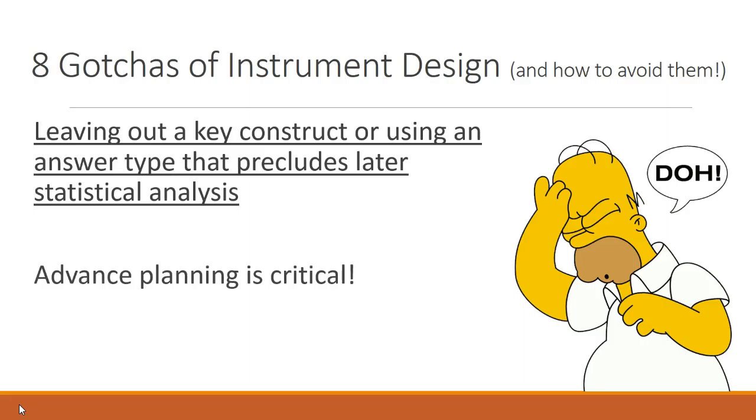You don't want to, for example, get to a point where you decide that you want to analyze your results according to the health belief model, but you haven't included a question about a key component of that model, the construct of self-efficacy. So you want to think through what your analysis plan is before you write your questions, as you write your questions, after you've written your questions, and make sure that you don't leave anything out.